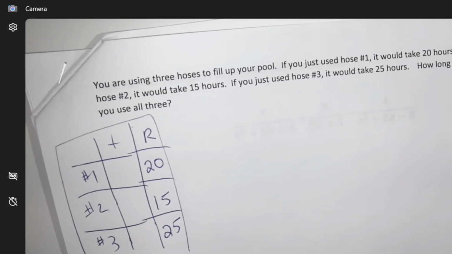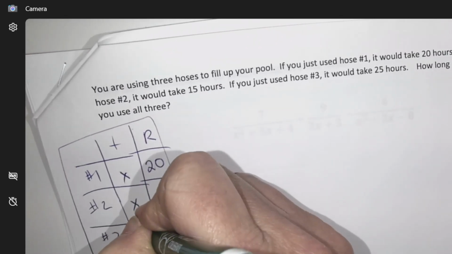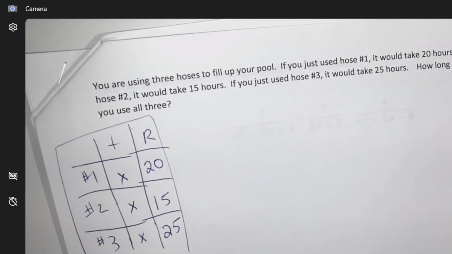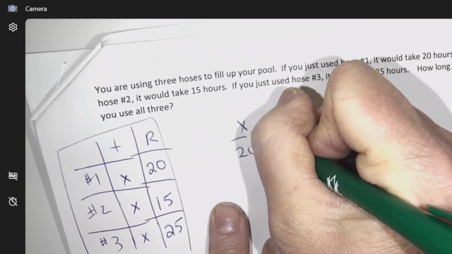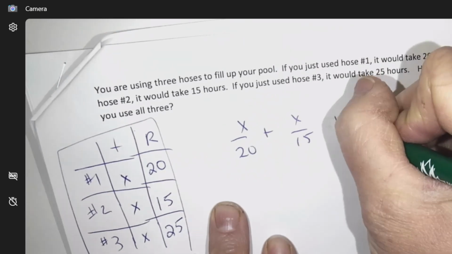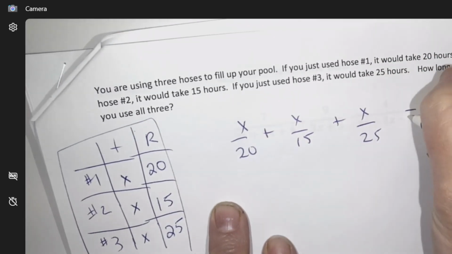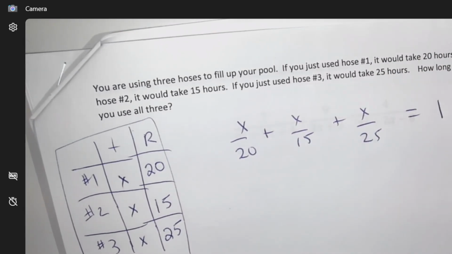So what I'm going to do is try to figure out the time for all of them together. Obviously, it's going to be the same number. So each portion that they do will add up to the whole job.